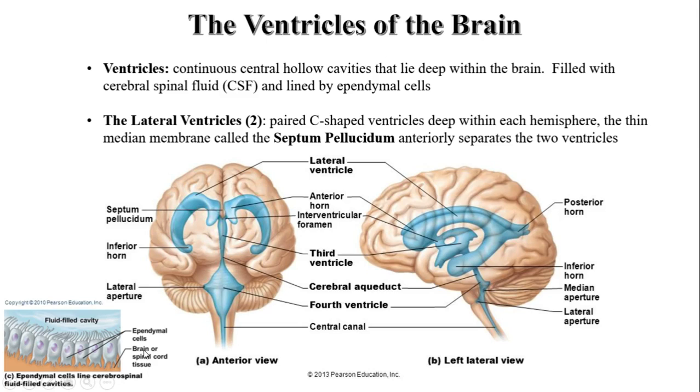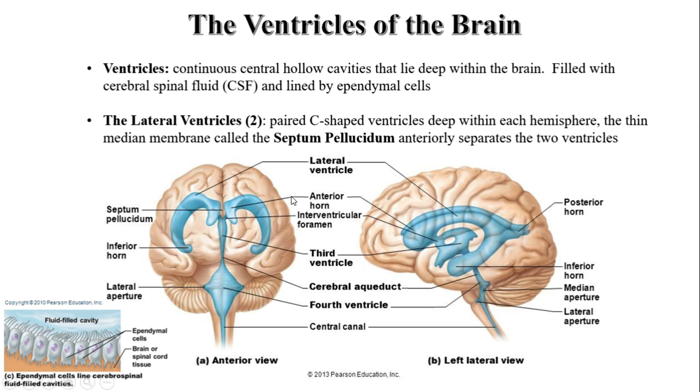They show brain or spinal cord tissue on the bottom. This would be our CNS, lined with these ependymal cells. Remember, these are ciliated cells, so we're going to have our CSF here, and they help move along that CSF within the cavity it's occupying.